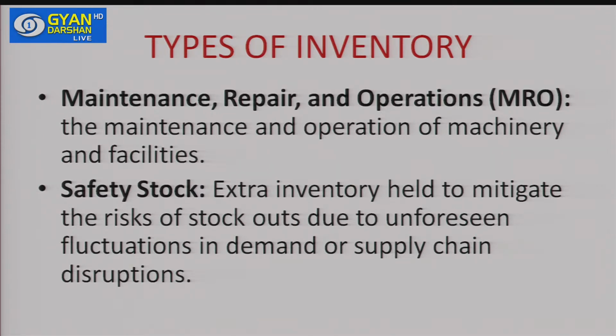So instead of hampering the production process, we simply keep a safety stock, so that instead of waiting and depending upon the inventory coming from outside, due to certain fluctuation and uncertainty, we use the items stored as safety stock. This is also a type of inventory.